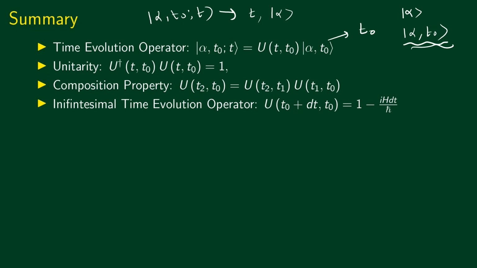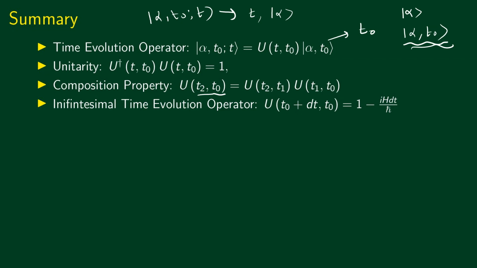Based on conservation of information, or determinism and reversibility, we showed that we want the time evolution operator to be unitary. So unitarity is for conservation of information. Another important property satisfied by the time evolution operator was the composition property, which is given by U(t2, t0) equal to U(t2, t1) multiplied by U(t1, t0).